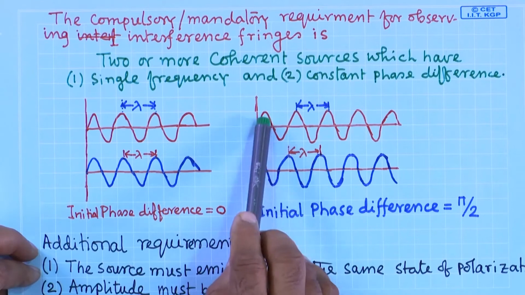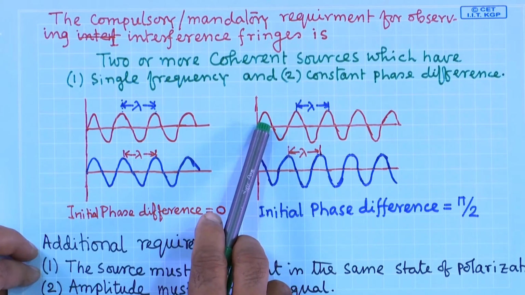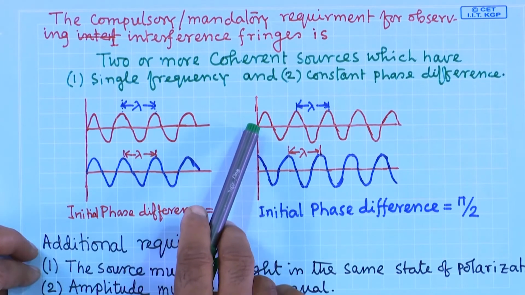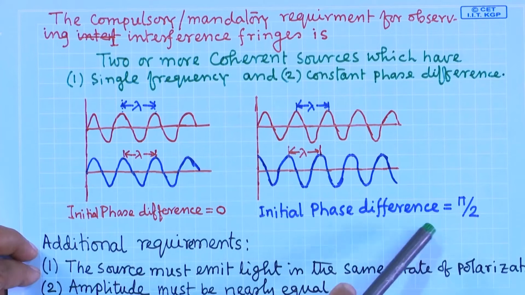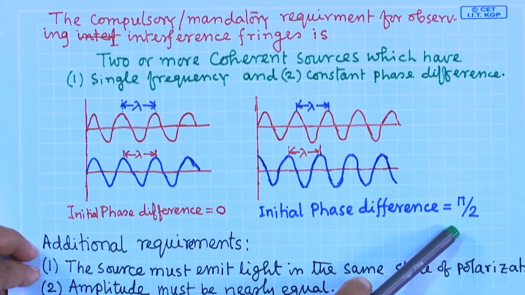So, one case is sine function, another is cos function. So, initial phase between these two is pi by 2. Okay.